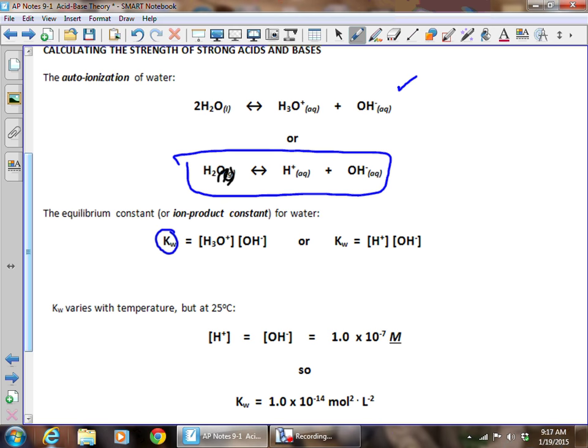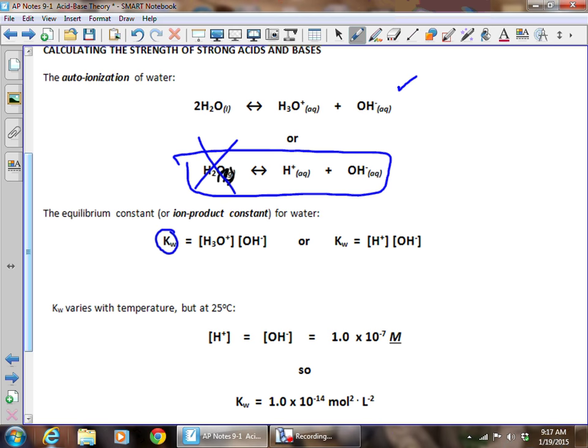We've already looked at Kc, Kp, Keq. Well, this is Kw, and it's just specifically the one for water because it's so important in acid-base theory. So it's simply going to be the concentration of hydrogen ions times the concentration of hydroxide ions, because we're not going to include, remember, a pure liquid or a pure solid in the equilibrium expression.